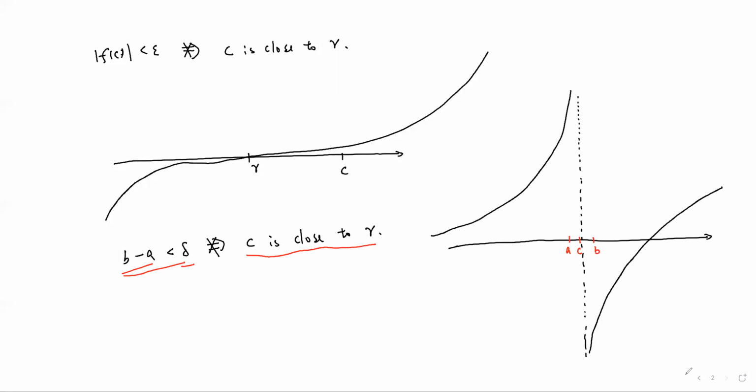Okay, now next, let me present the algorithm of the bisection method. How to write an algorithm for this method? This is a practical algorithm. First, you need to input some data to the algorithm.